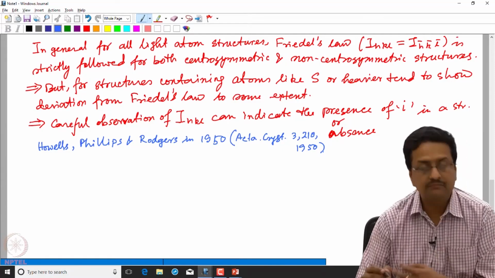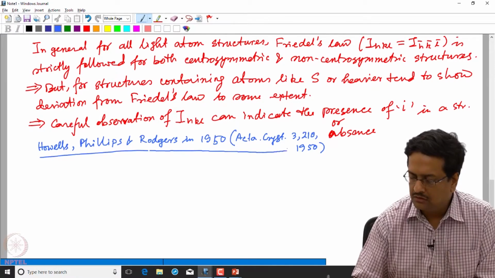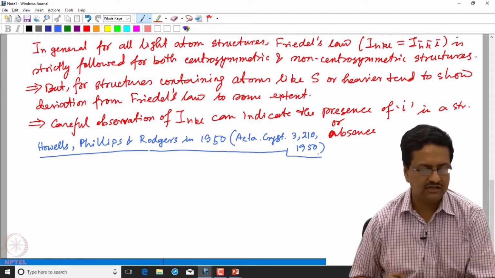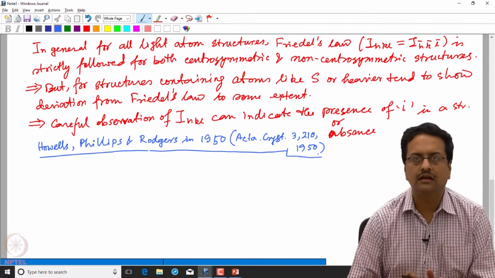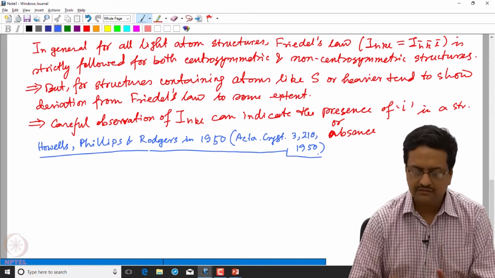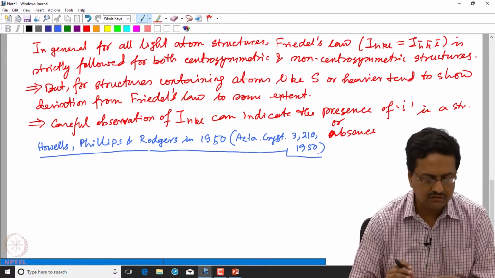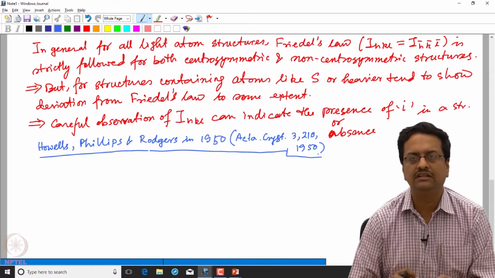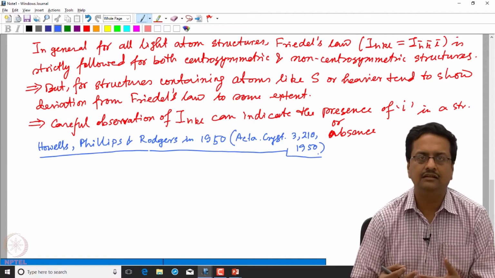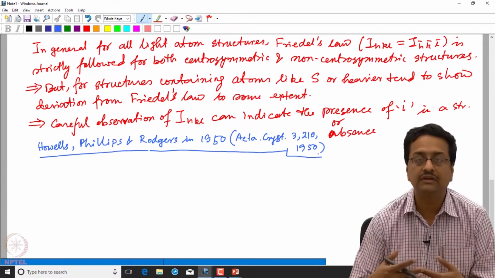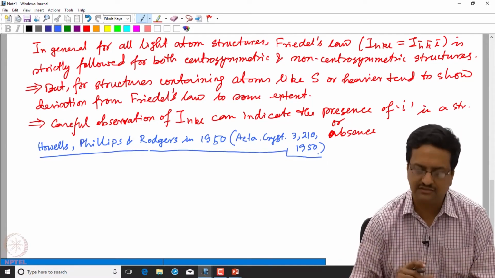So what they proposed is that from the general observation that the intensities for I H K L are more tightly packed for non-centrosymmetric structures about the I average, whereas the I H K L values are more deviated from the I average value for the centrosymmetric structures.